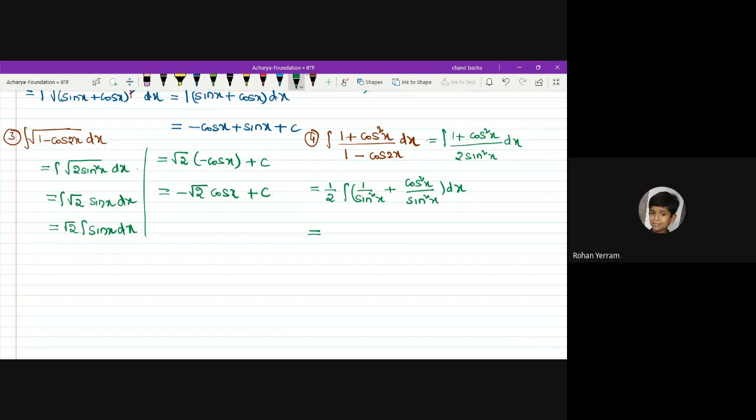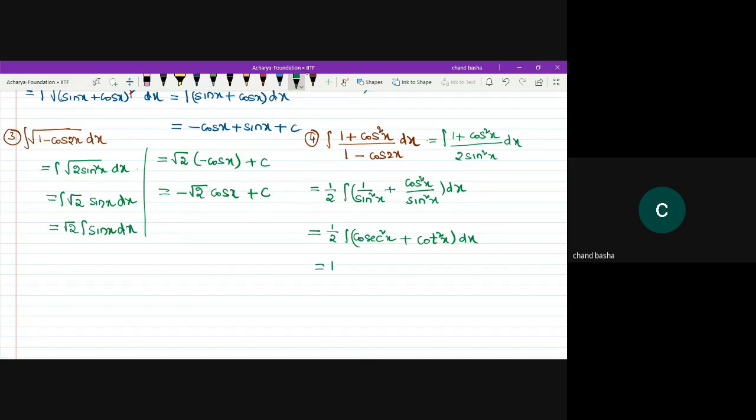Yes, sir. Very good. Afterwards, I don't have any formula for integral 1 by sine square. Can I write this as cosecant square? Yes, sir. And then cos square by sine square, cos divided by sine means it is cot square? Cot, sir. Right. I don't have any formula for integral cot square, as we have used in the first question.